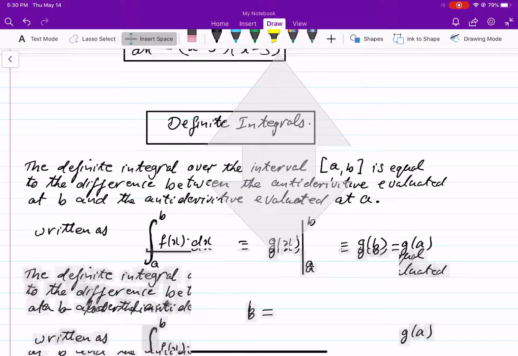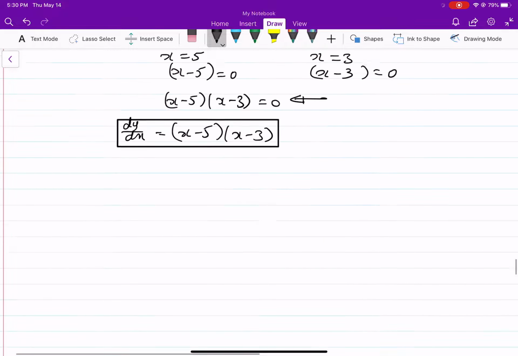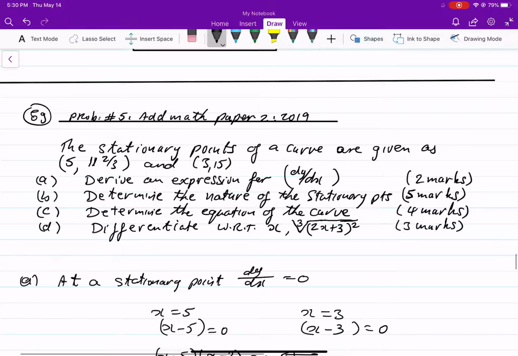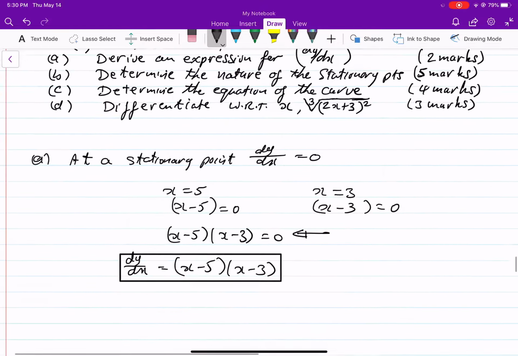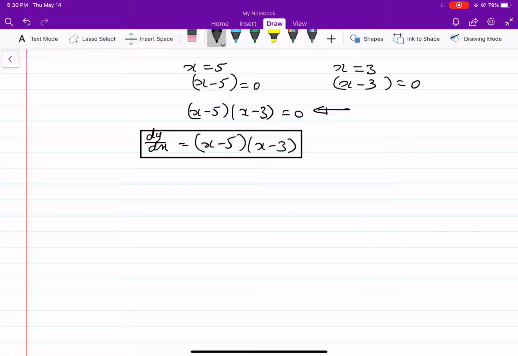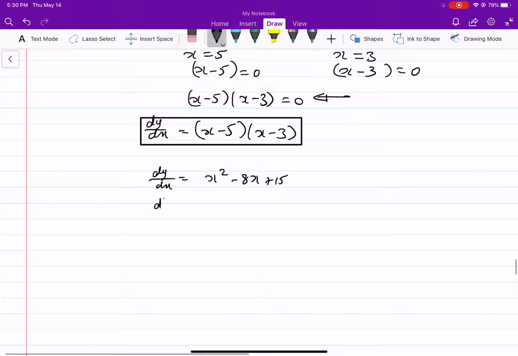What's the next thing they were asking me to do? The next thing they were asking was determine the nature of the stationary points. Well, first of all, let me expand this out. Dy dx is equal to x squared minus 5x minus 3x is minus 8x plus 15. Everybody knows to determine the nature of the stationary point, you need the second derivative, am I right? D squared y upon dx squared is equal to 2x minus 8.